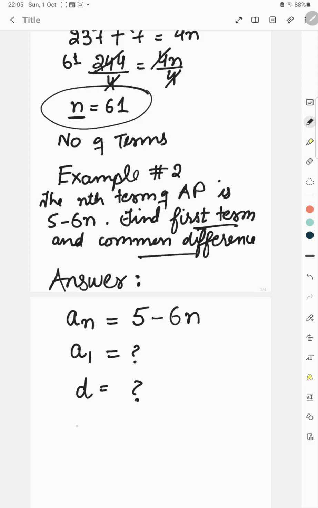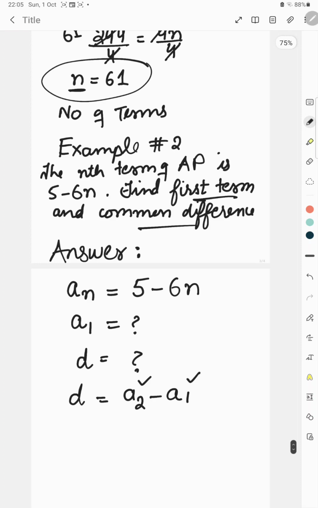As you know, the formula for finding the common difference is a2 minus a1. So we need the value of a1 as well as a2.